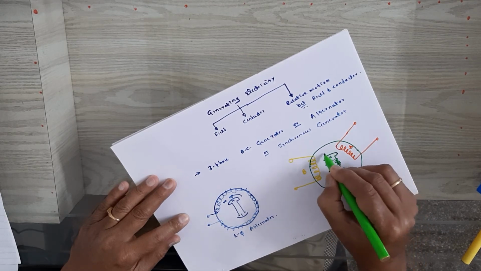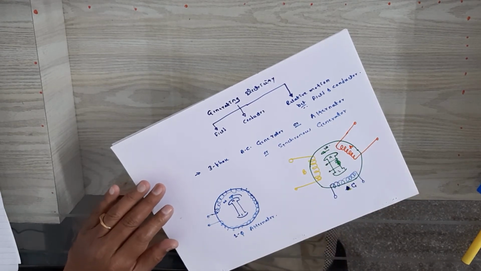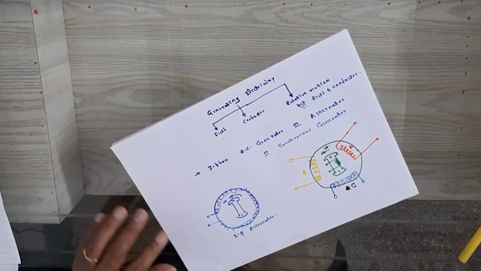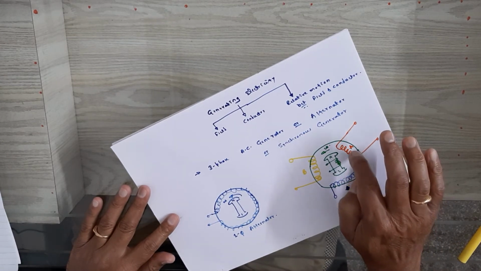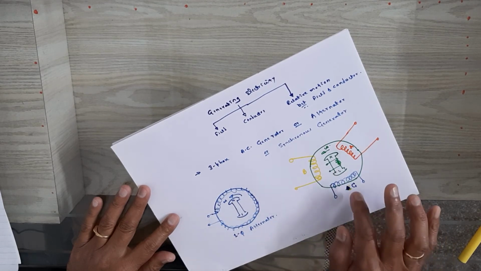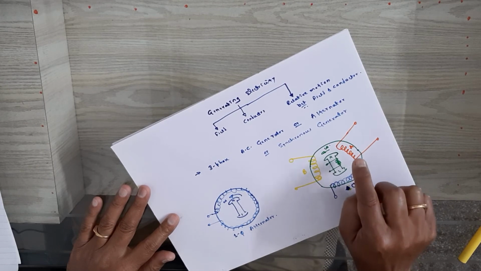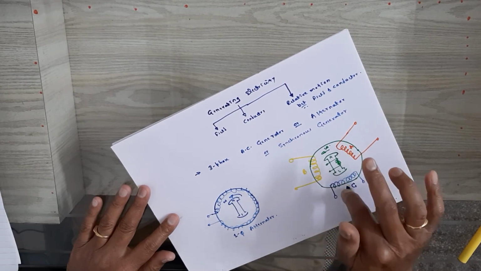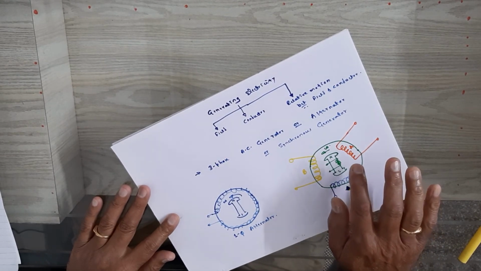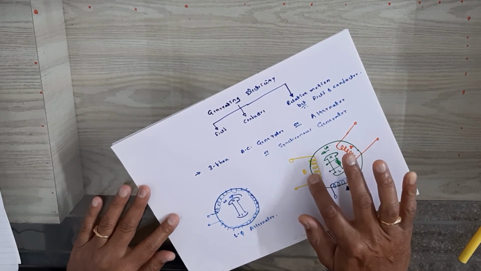Then it is rotating in the anti-clockwise direction with omega radians per second. Then here there are three voltages: the voltage induced in coil A, in coil B, and in coil C. The magnitude of induced voltage in coils A, B, and C is the same, but there is a phase displacement between the voltages induced in A and B of 120 degrees.